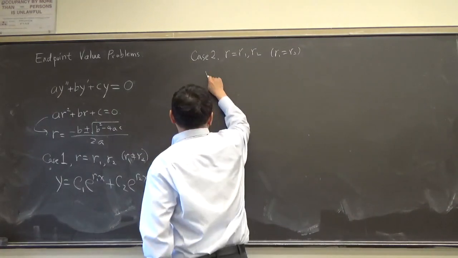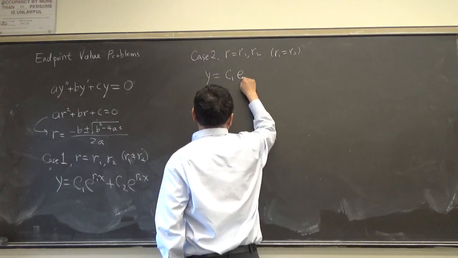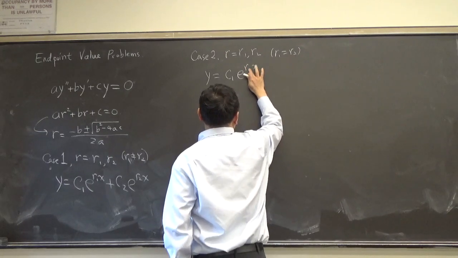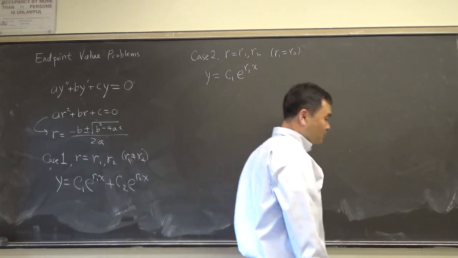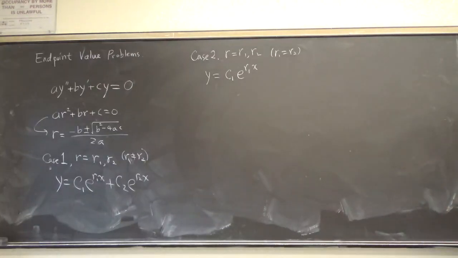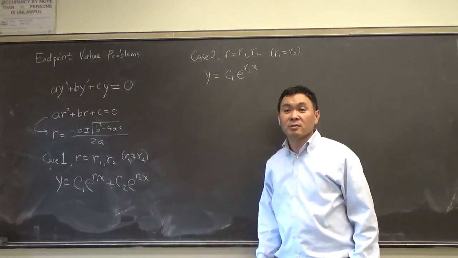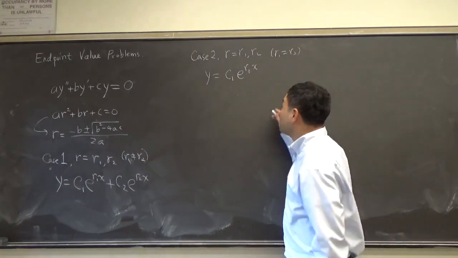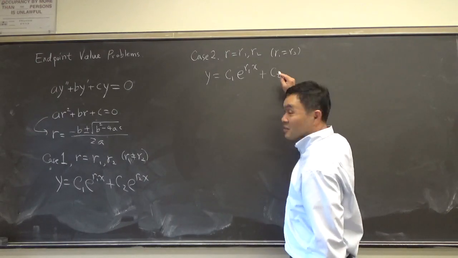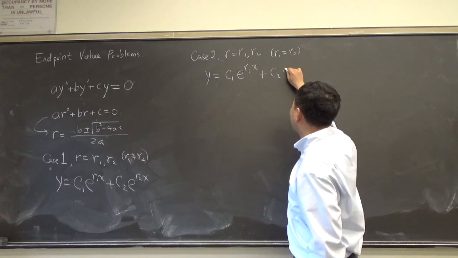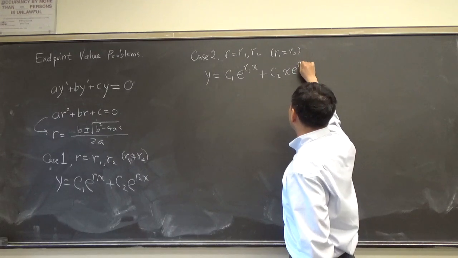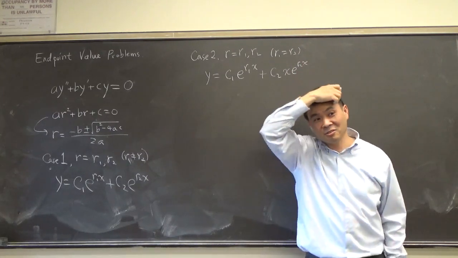Well, one solution is this, e to the r1x. The second solution should be times r. Not times r, it should be times x. Oh yeah, it's times x, right?